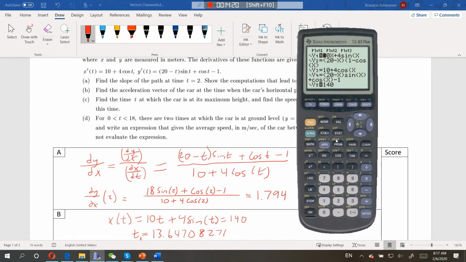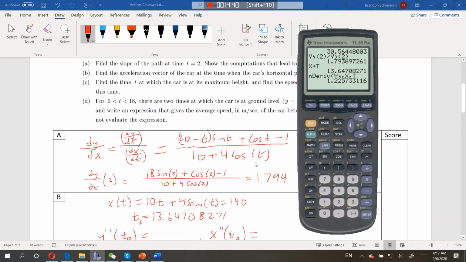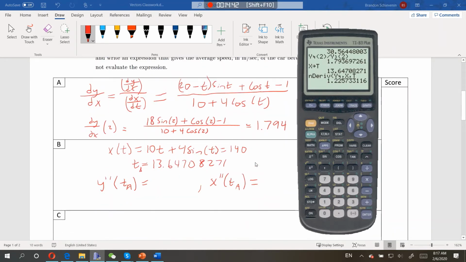I'm going to do y4 first. Math 8 is a derivative. We are going to derive our y4 function in terms of x at our time t to get a number, 1.225733.